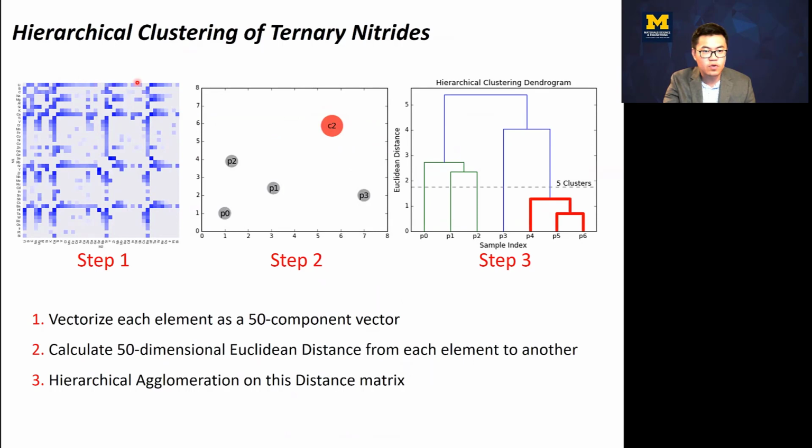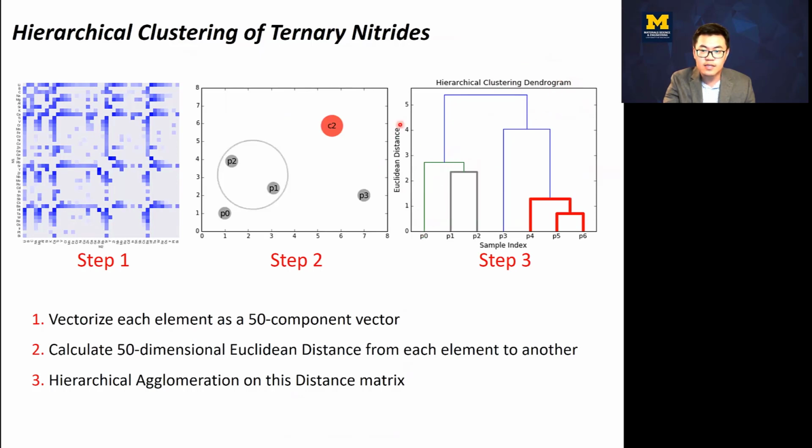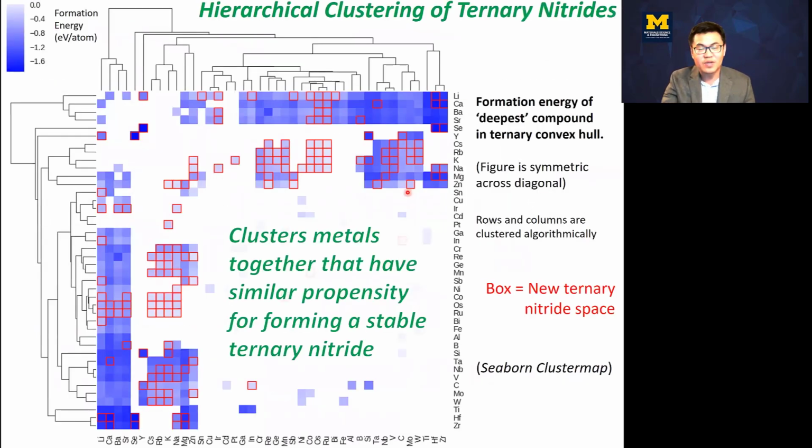So for example, these 4 lines are very close to one another in this 50-dimensional vector space. And in this hierarchical agglomeration algorithm, it'll group together elements that are close together until you form this tree diagram, or called a dendrogram. And this shows the distance between various elements and various clusters. And that's how you get to this figure right here.